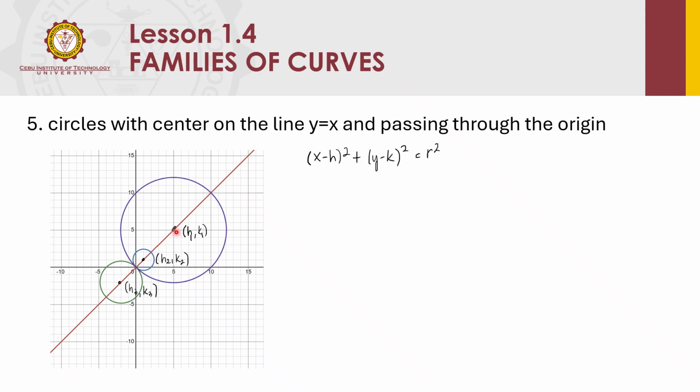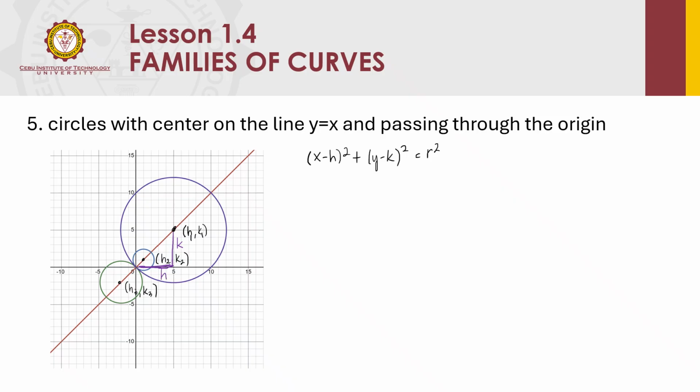We draw a line connecting the center of the circle and the x-axis. This is k, and the distance of the center of the circle from the y-axis is h.